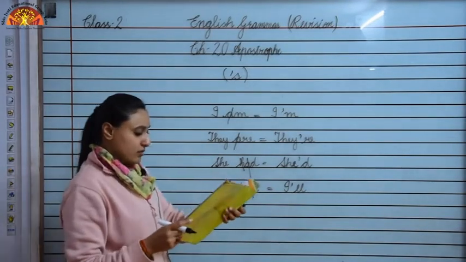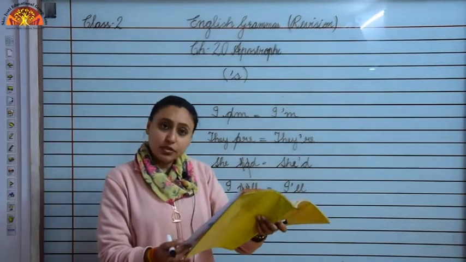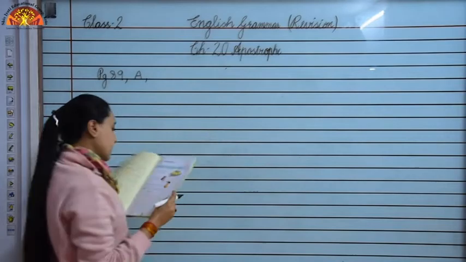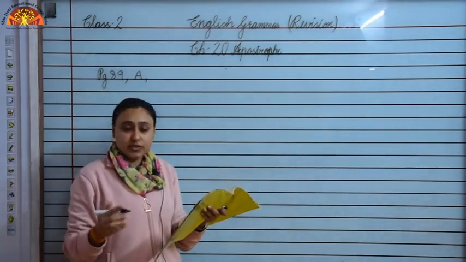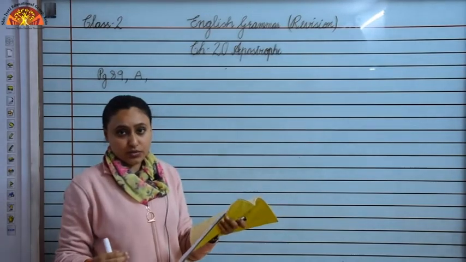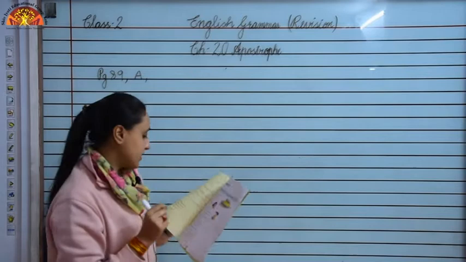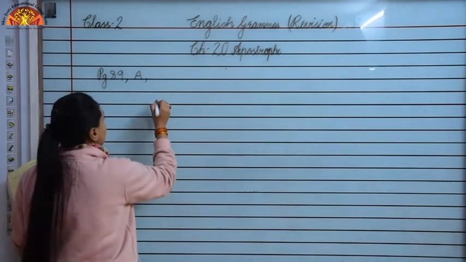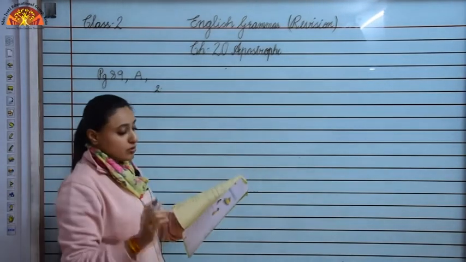Okay. Now children, we will revise the bookwork of this chapter. Open your book, take out page number 89, question A. Rewrite the following phrases using apostrophe s. So children, some phrases are given to you. You have to rewrite them using apostrophe s. Look at number 2. Bag that belongs to Stella.